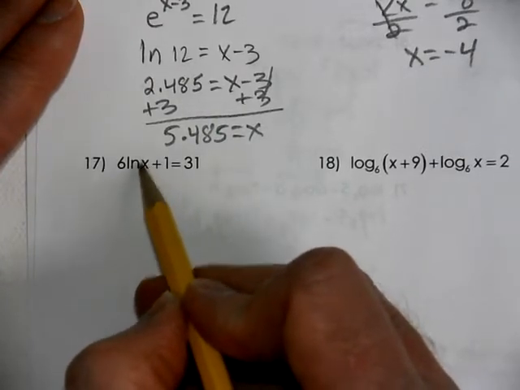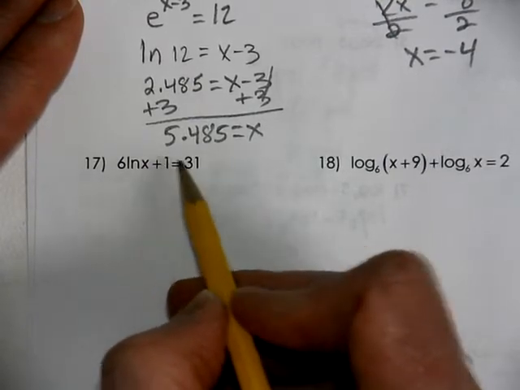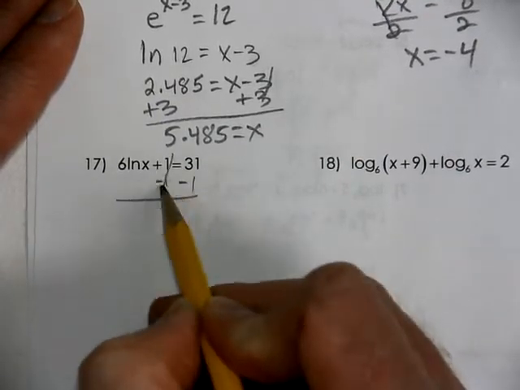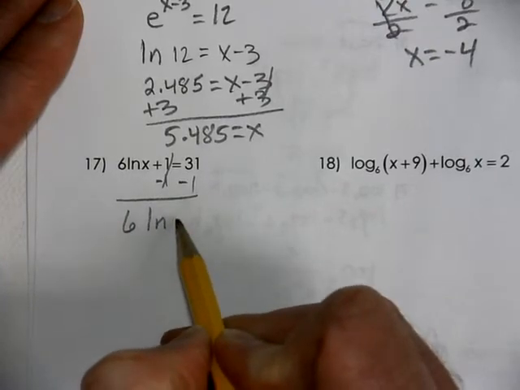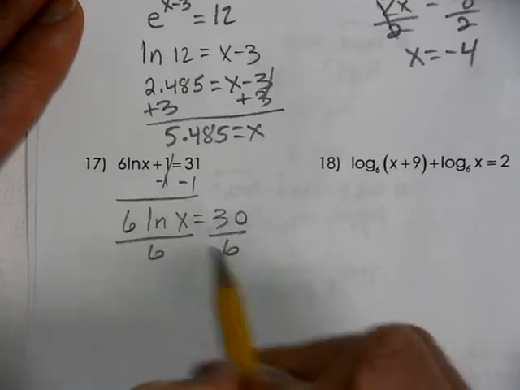Here, the 1 is not in parentheses with the x. It's not the natural log of parentheses x plus 1. They're separate. So you can subtract that away. So 6 times the natural log of x equals 30. We can divide by 6.